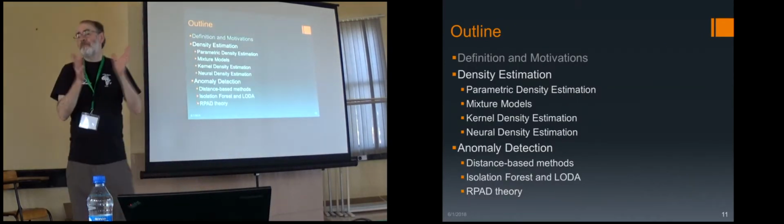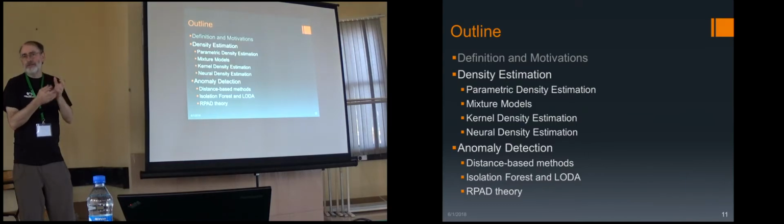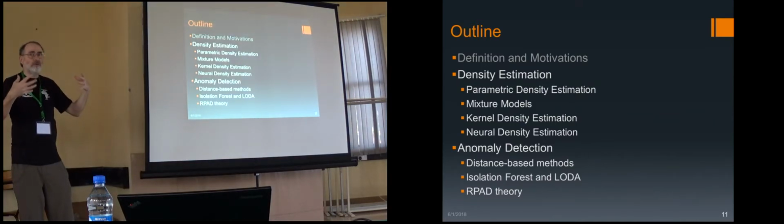Okay, so those are two of the motivations. But really, if we can estimate probability densities for all of the complex things in the world, then we can have, I think, much better machine learning.